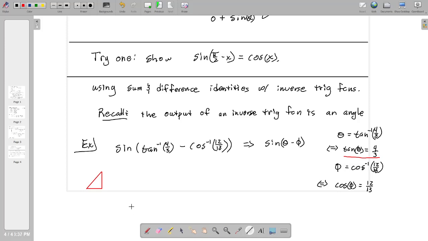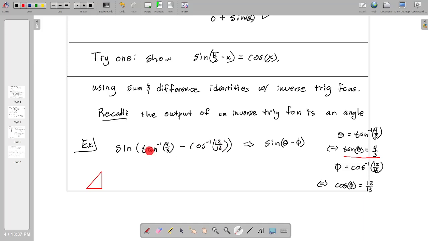I need to note to everyone that right now, because of the restricted ranges of tangent and cosine, we know that these two are going to be in the first quadrant because cosine is negative in the second quadrant and positive in the first quadrant, and we have a 12/13, which is positive, so it must be in the first quadrant.